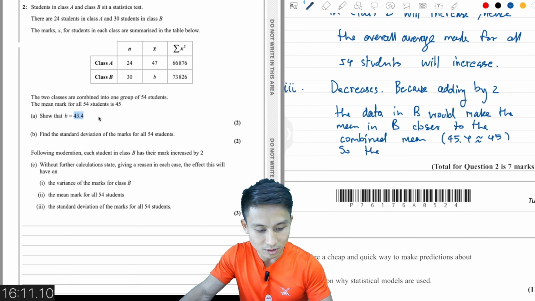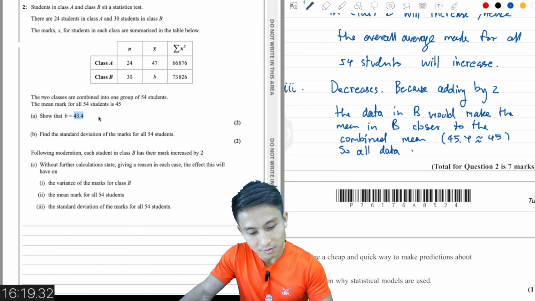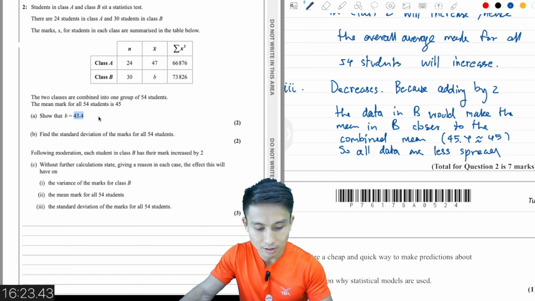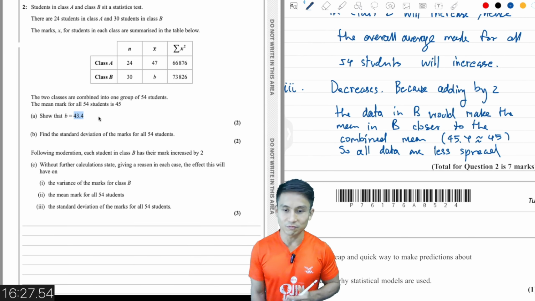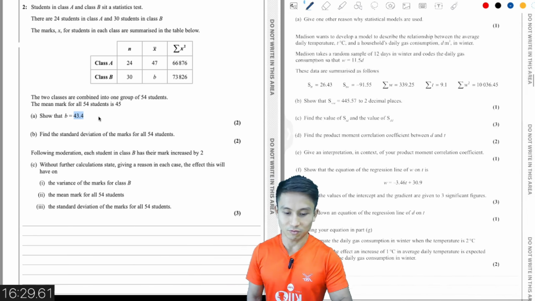So all data from both classes are less spread, yeah, less spread. Therefore, the standard deviation of all 54 students decreases. That's it for number 2.